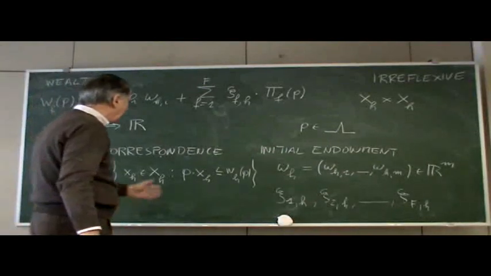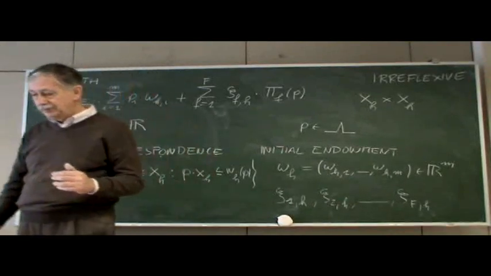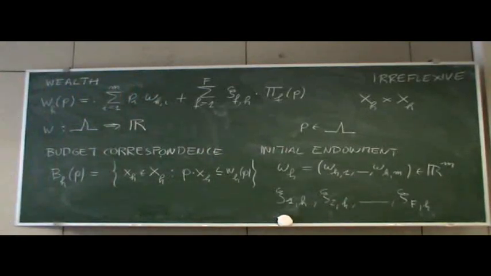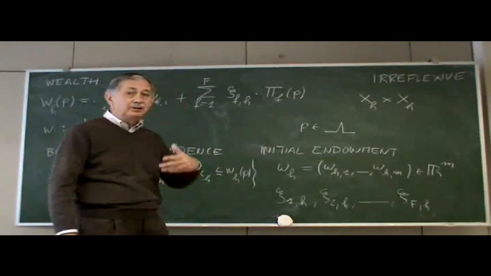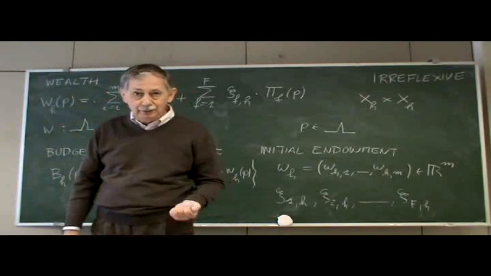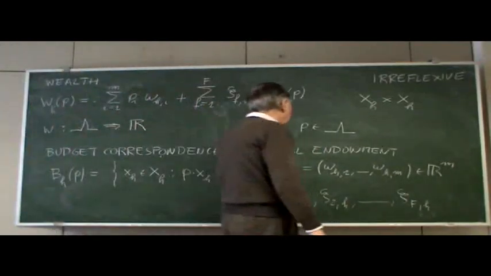I can buy any consumption bundle whose value does not exceed the initial wealth of a consumer. And it is represented the usual way.